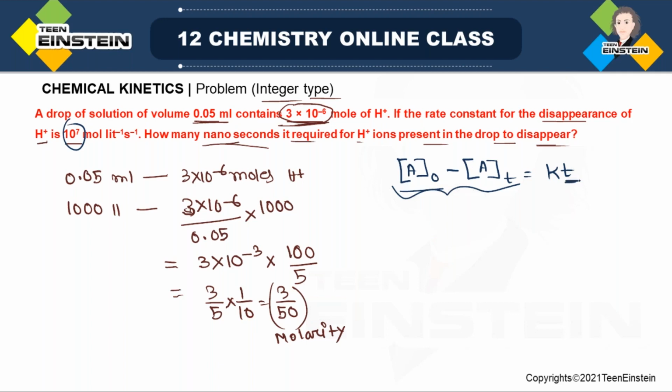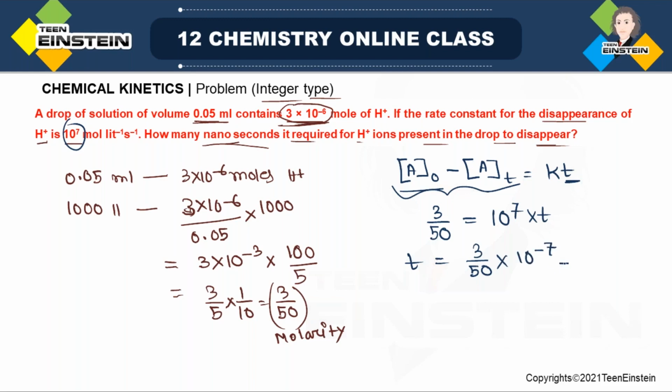So the value of t that you will get will be in second. Now we will put 3 by 50 equals 10 to the power 7 into t. So t will be equal to 3 by 50 into 10 to the power minus 7.